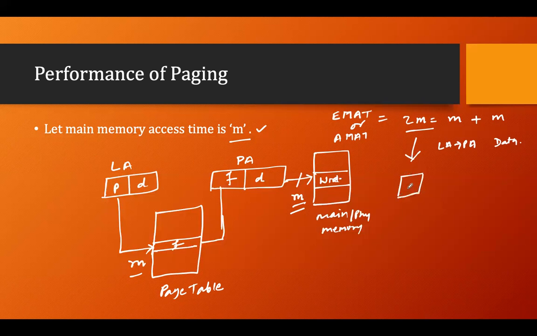So yes, we have the technique, that is called paging with translation lookaside buffer. So we'll use another hardware here. This particular hardware will be used in between these translations, and we use the concept of locality of reference. So what is locality of reference?